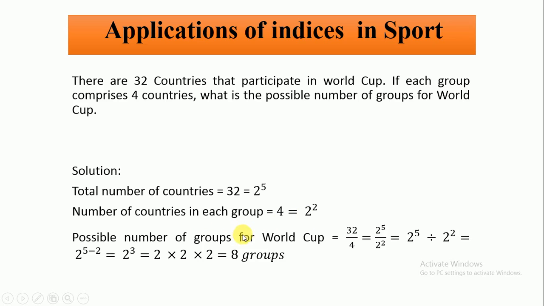The possible number of groups for World Cup competition will be 32 divided by 4, which can be expressed in index form as 2 raised to the power 5 divided by 2 raised to the power 2. Applying the laws of indices, this gives 2 raised to the power 5 minus 2, which is 2 raised to the power 3. And then we have 2 times 2 times 2, which gives 8.